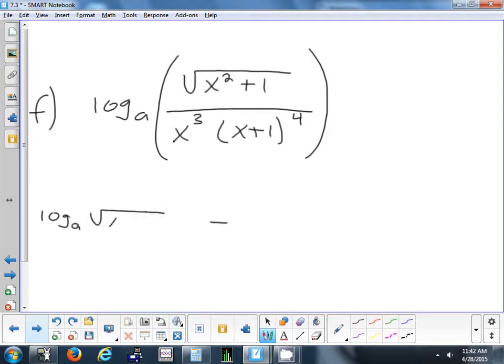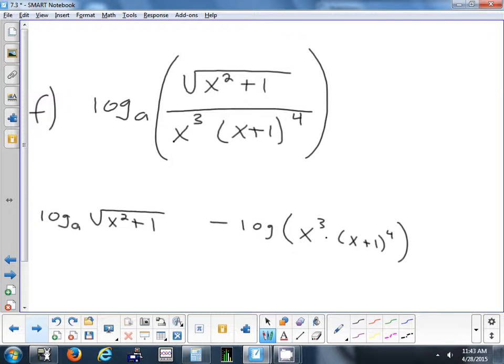So it's the square root of x squared plus 1 minus the log of everything that's in the bottom. Since there's multiple things in the bottom, let's group it all together with parentheses. So I just put log of the top minus log of the bottom. Okay. Use subtraction because you had a fraction bar.